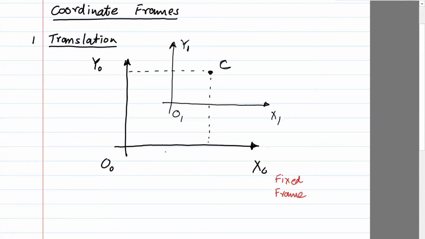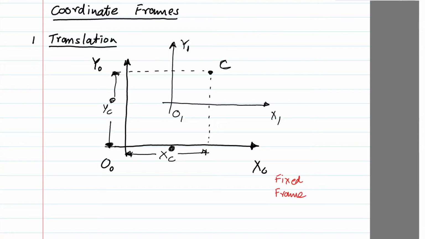So let's call this XC, YC, the Y coordinate. And I'm going to put a superscript 0, which just indicates that the position of the point C here is measured with respect to frame 0.